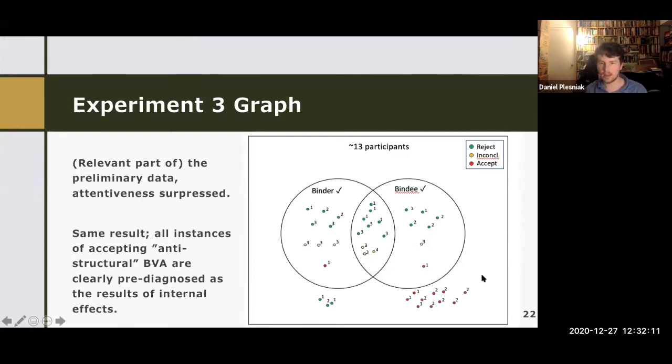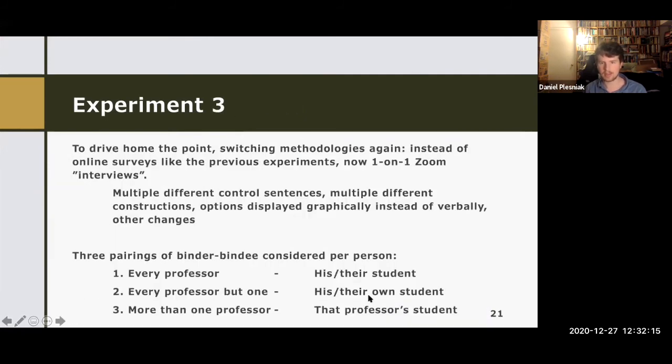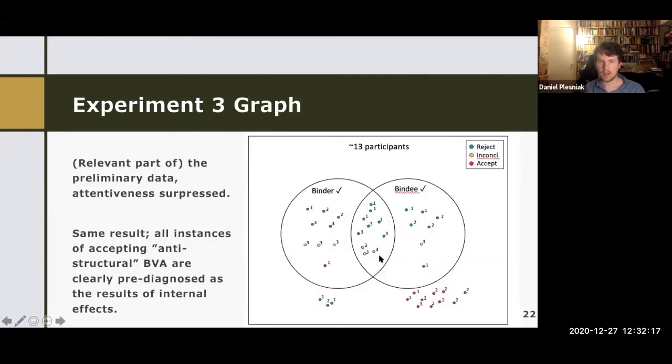We can see a lot of red for the 2 pair, which was kind of predicted because it's his or their own student, and a lot of green for the 1 and 3, but all of them are obeying the same correlations. All of them obey the same implicational principle. It's just that they get shifted in their distribution along the permissible spectrum of variation that this law sets out.